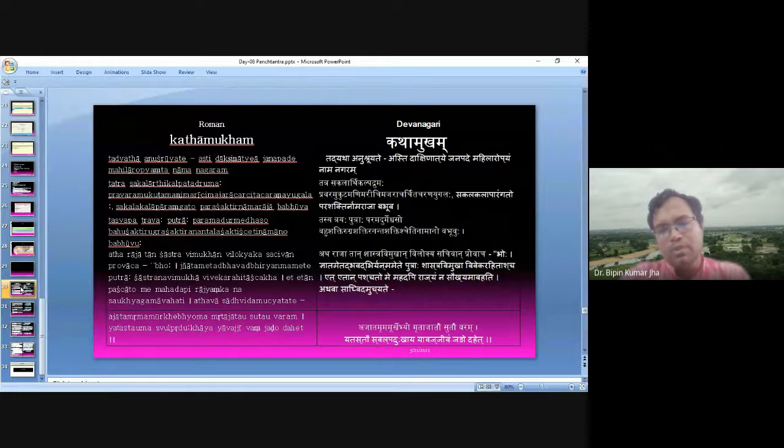Katha Mukham means the starting point of the story.